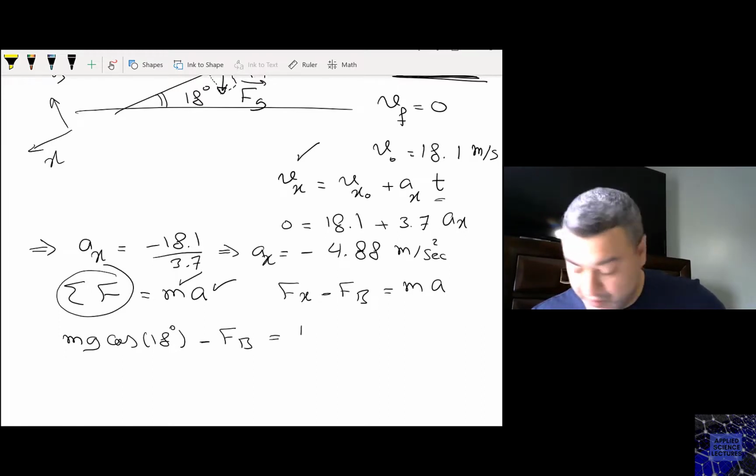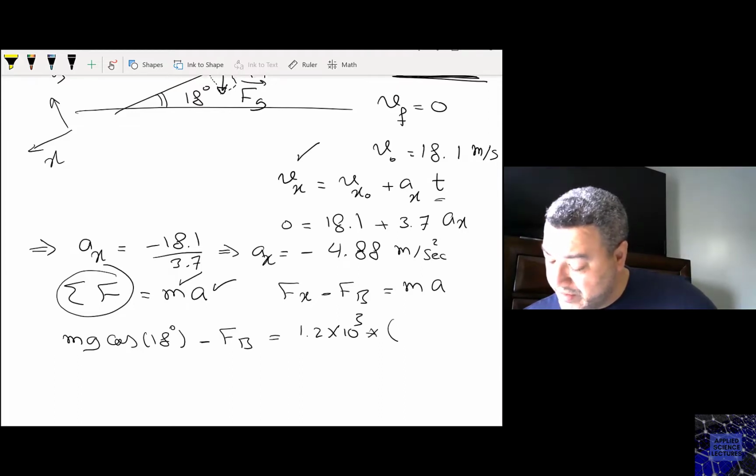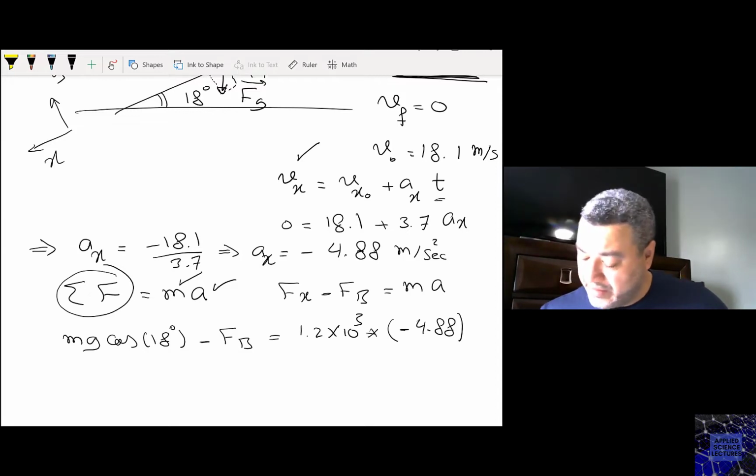M is 1.2 × 10^3 times the acceleration here, which is negative 4.88.